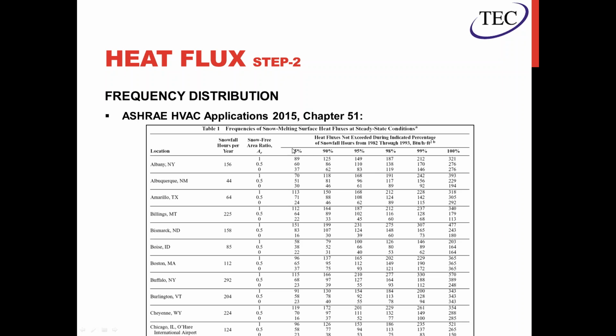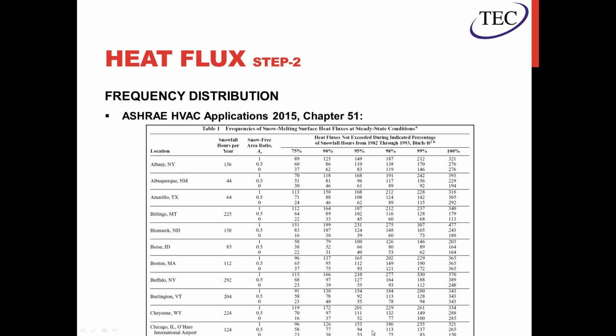And if you look to the next several columns across, this is heat fluxes not exceeded during the indicated snowfall hours. So basically what this is saying is for a given snow-free area, the percentage of snowfalls that would be covered or included within that distribution.